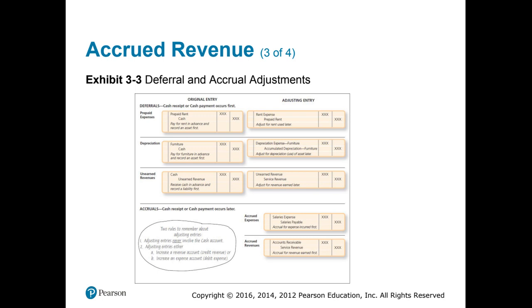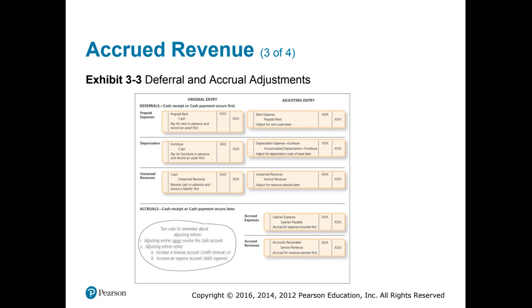So in this original entry, we debited prepaid rent and credited cash. But then when we made our adjusting entry, we debited rent expense and credited prepaid rent. So notice we're not using the same two accounts, right? In this first one, prepaid expenses, we debit prepaid rent and credit cash.